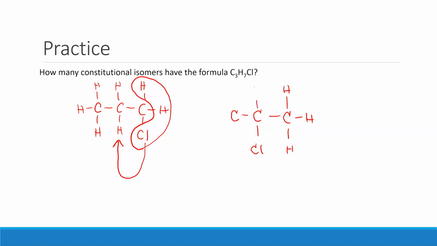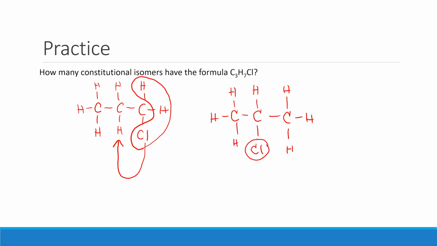There's 3, 4, 5, 6, 7. Again, all of my carbons are making 4 bonds. And now we have our chlorine in the middle. This is a constitutional isomer. We have changed the positioning of the bonds. The chlorine is now connected to the second carbon instead of to the end carbon.